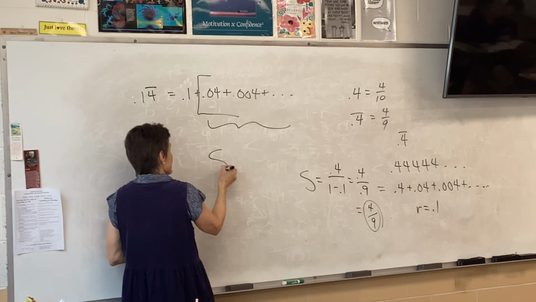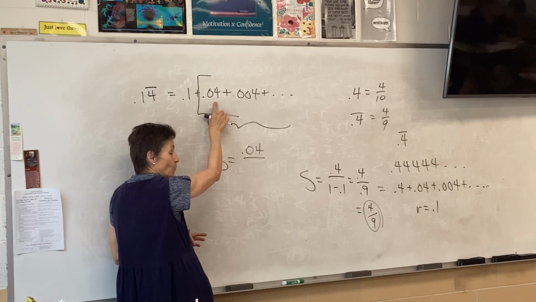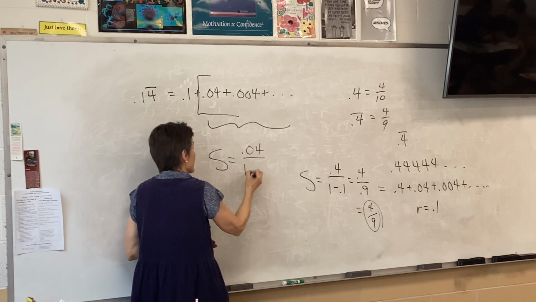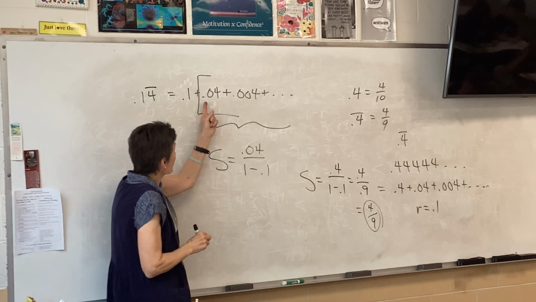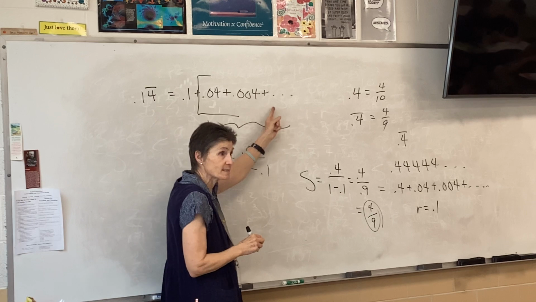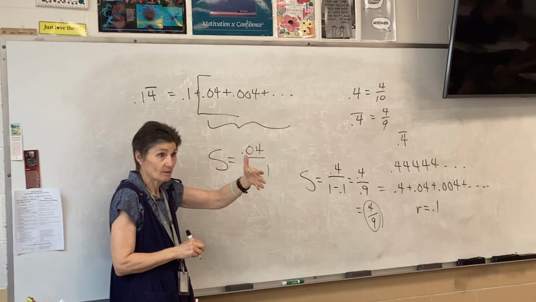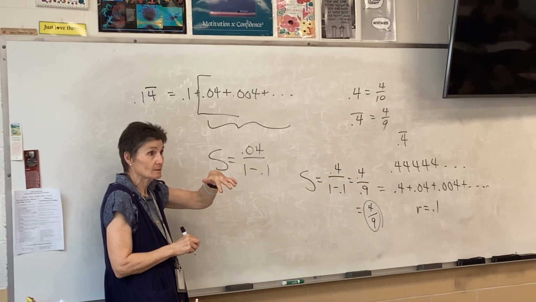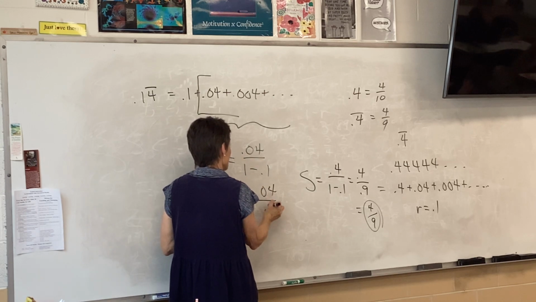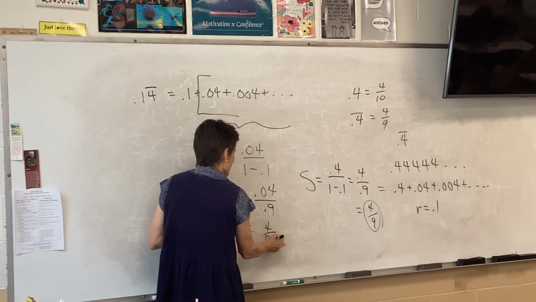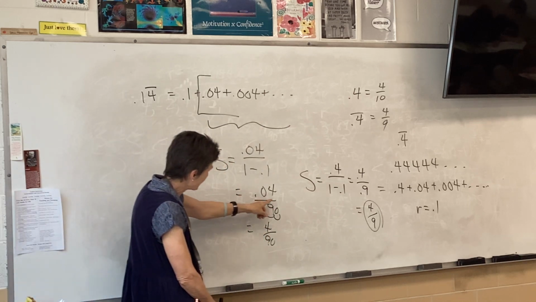All right. My formula says first term, and the first term I can add is 0.04. My ratio is still 0.1 because aren't I just adding one extra zero as I go down the line? That's like dividing by 10 or multiplying by 1/10. So this is 0.04 over 0.9, which is 4/90ths, if I move the decimal point 2 places.